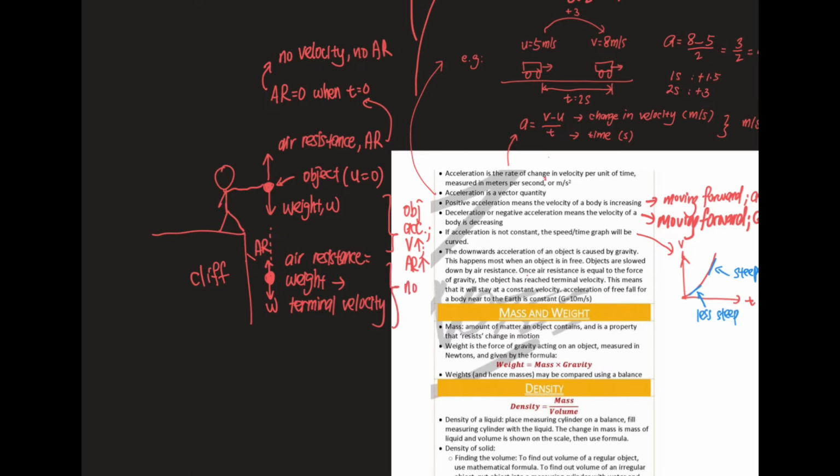When there is no resultant force, there is no more acceleration. In that case, the object moves at constant velocity, and we call this constant velocity terminal velocity.